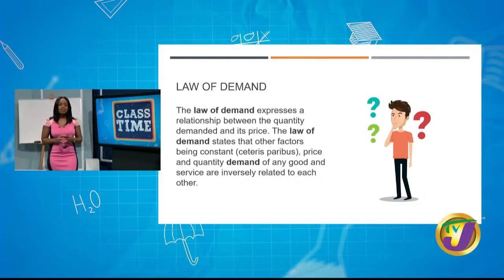So if the price of a good is increasing, generally what happens is that the quantity demanded for that good decreases. So the more expensive something gets, even if it's your favorite food item or your favorite toy, when the price goes up, you tend to purchase less of the good, and that is especially in the case of a normal good. And I'll explain that normal good part a little bit later.